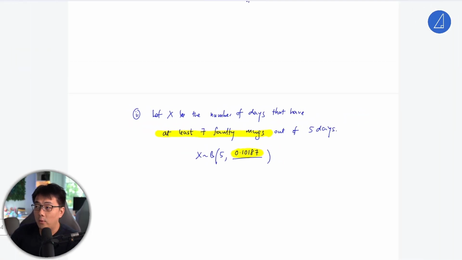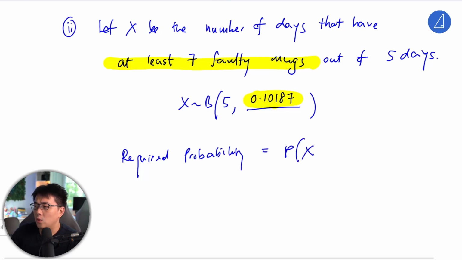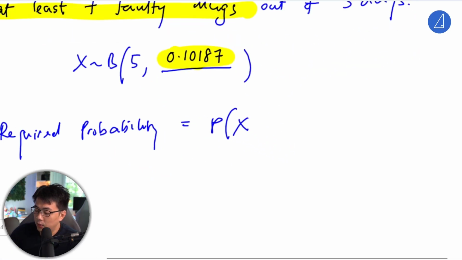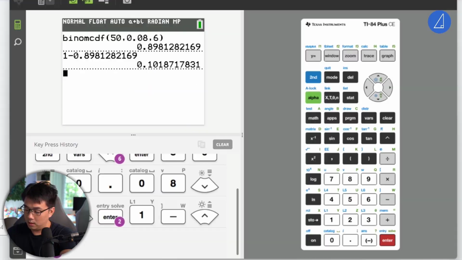At least 1 day means at least 7 faulty mugs on that day. So the required probability is P(X ≤ 2). We need it to be no more than 2 days. No more than 2 days meaning at most 2, right? So out of 5 days, no more than 2 means at most 2. So I'm going to key this into the calculator here.